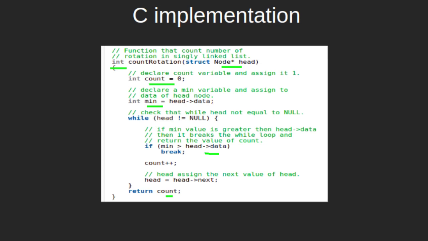Else, if the value of min is less than or equal to the current node value, we increment the value of count by 1 and update head to point to the next node. Note that the min value is always constant and never changes during the traversal. Finally, the value of count is returned, which is the desired output.